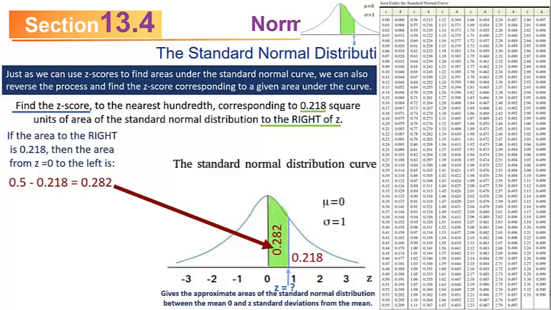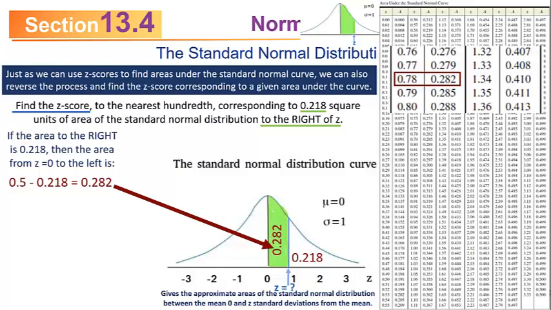But this time we know the area and we're looking for the z value. We've been looking up the z value and finding an area. Now we're looking up the area to find a z value. So let's do that. If you look into the table, you'll see that 0.282 as an area is associated with a z value of 0.78.